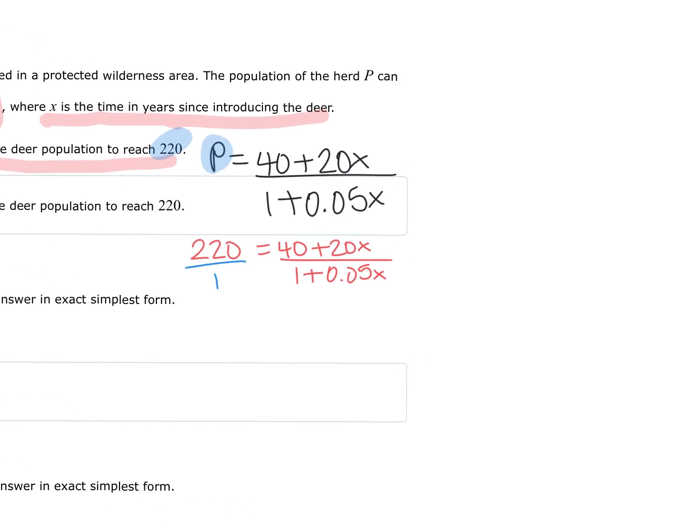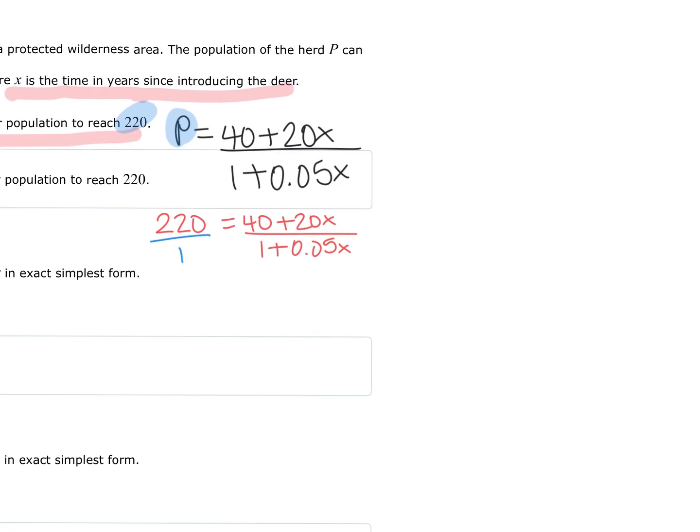So I'm going to scoot over a little bit so I have a little more space. When I cross multiply, I'm just going to do 220 times all of that and then 1 times all of that. And so I get 220 times 1 plus 0.05x is equal to 1 times 40 plus 20x.